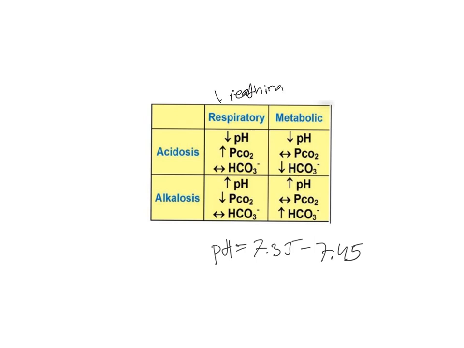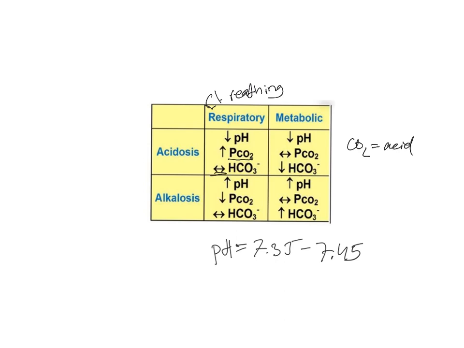So respiratory acidosis would involve CO2 not leaving your body. If you cannot remove carbon dioxide, which is basically the acid in our body, then you will have a decrease in pH. In this situation, the bicarbonate is unchanged, as shown by the arrow.